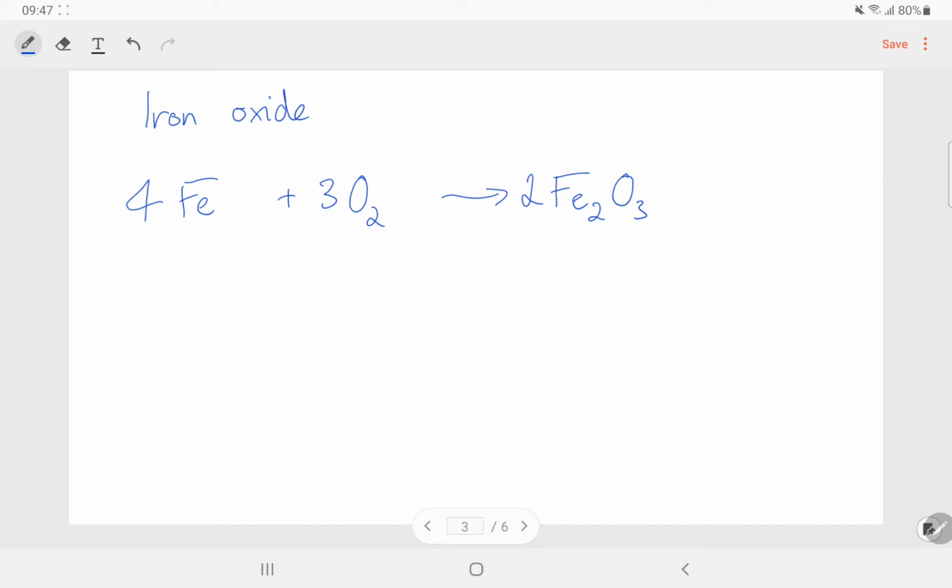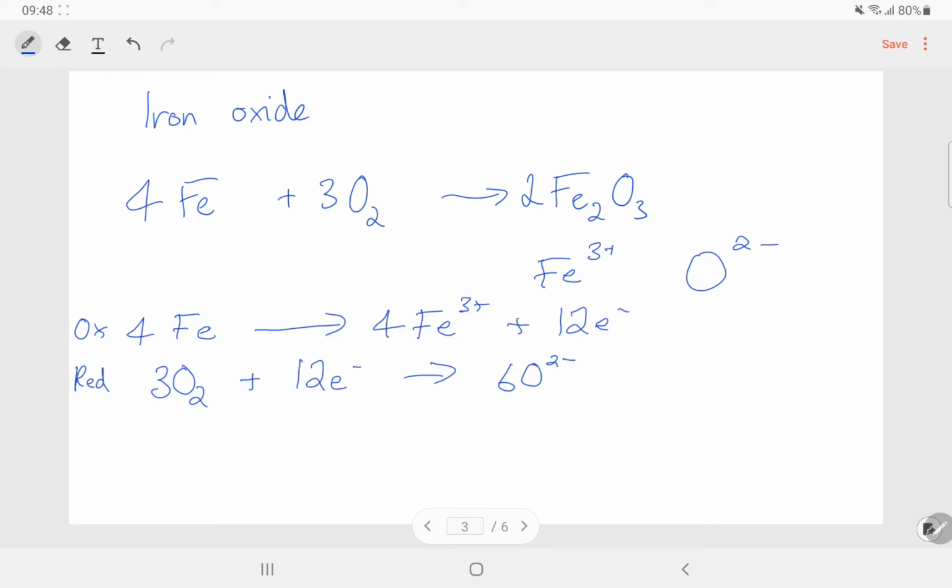It would be good practice because obviously we know we've got iron 3+ over here, as I've said, and it's had oxygen added to it, so it's been oxidized, and we know oxygen is going to be O2-. So you could, if you wanted to, write half equations for this, making sure that you use all the balancing throughout. I will leave that for you guys to do, and I'll jump back at the end to show it so you can have a pause and have a go at it.